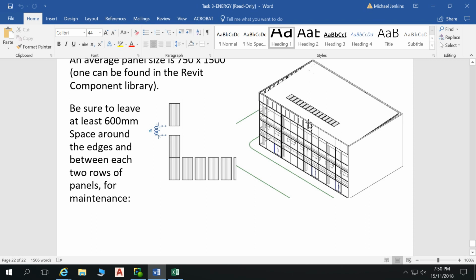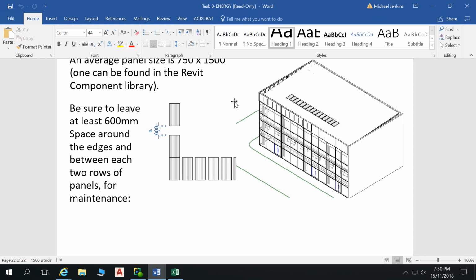So you just have to allow 600 millimeters around the outside of every bank that you do. For each bank of 2, you mean? Like that. Yes.